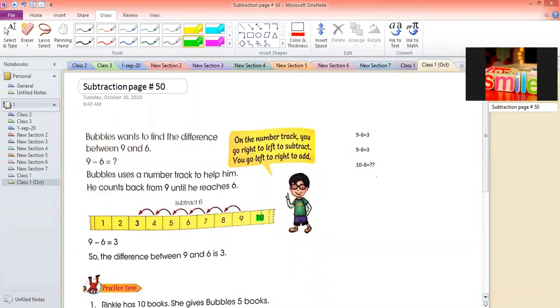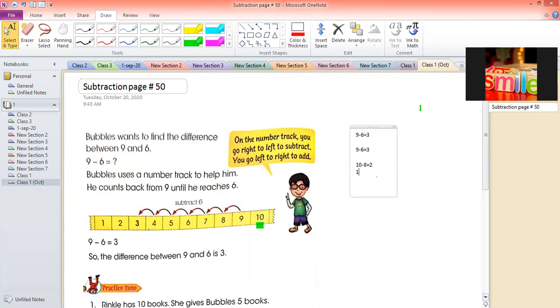So how many steps do you go back to reach 8? 1 and 2. So you go 2 steps back to reach 8. So you can say 10 minus 8 equals 2.